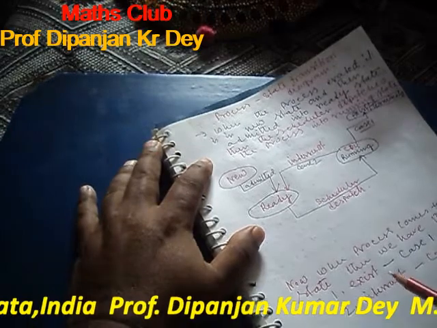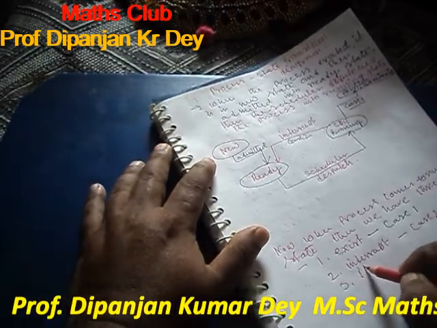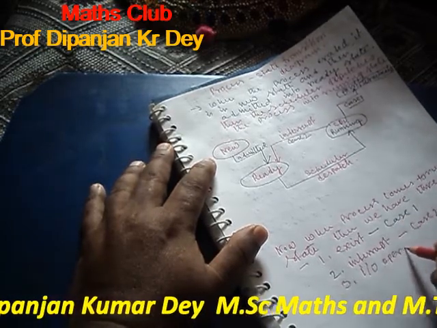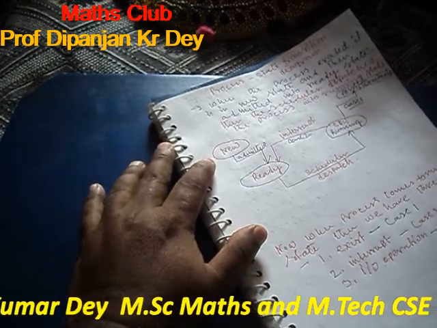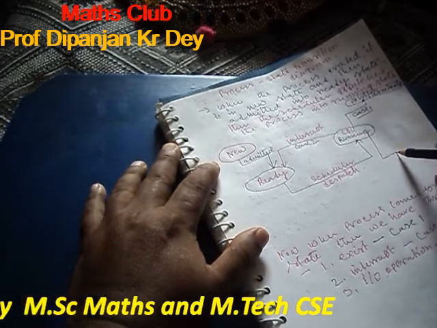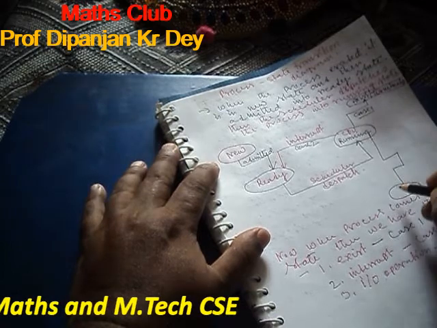Next, case 3, that is IO operation. IO operation means from running to IO operation, that is waiting.